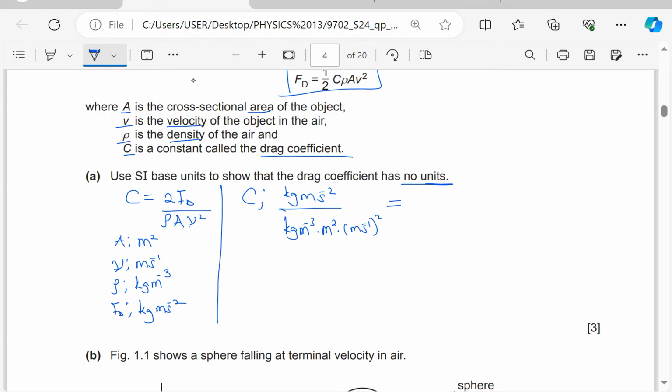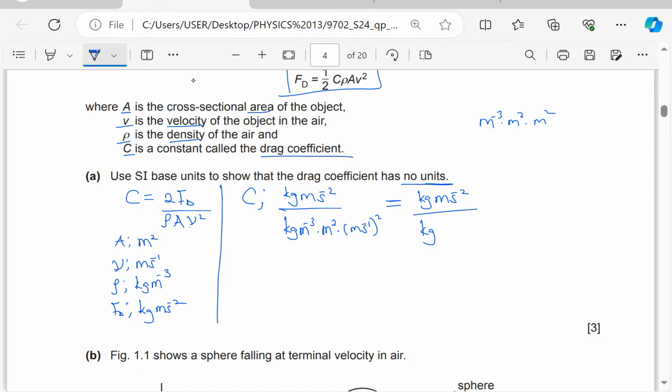When I put equal signs here, it means I'm now simplifying. So this will be kilograms meters per second squared divided by kilograms meters to the power minus 3 times meters squared times meters squared, because this square squares everything in the brackets. So we sum up the powers.